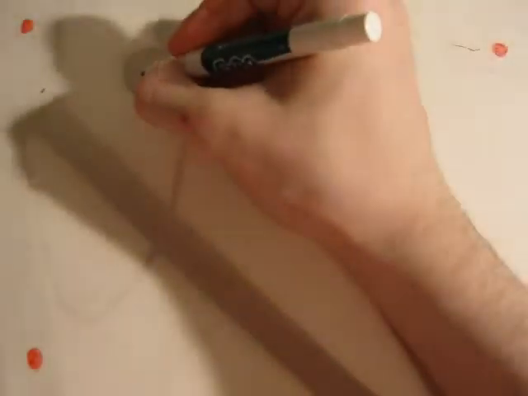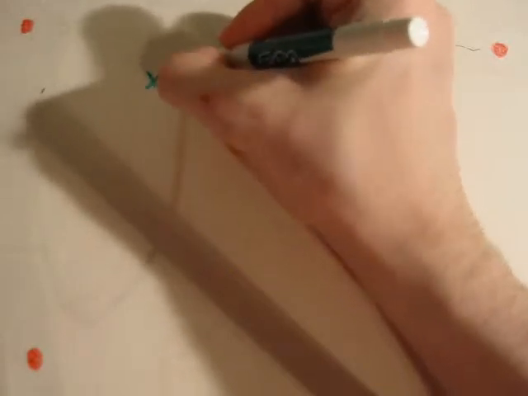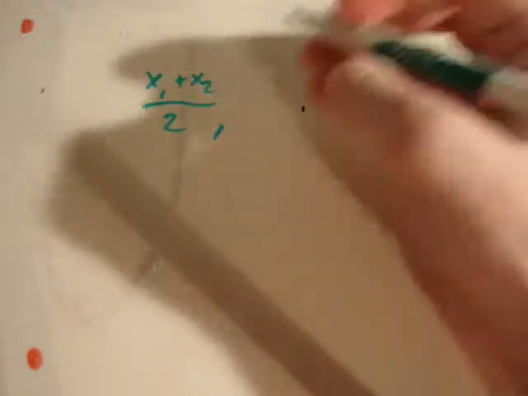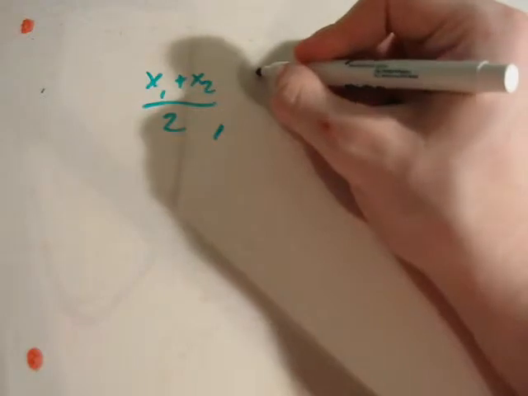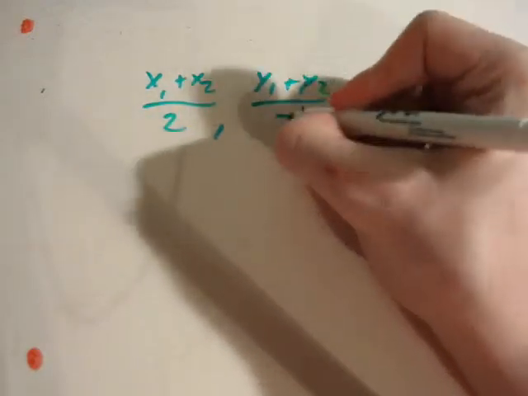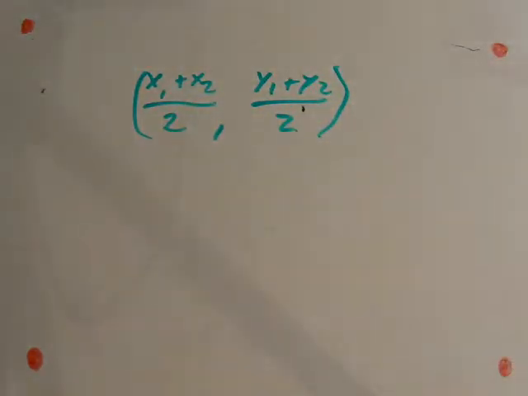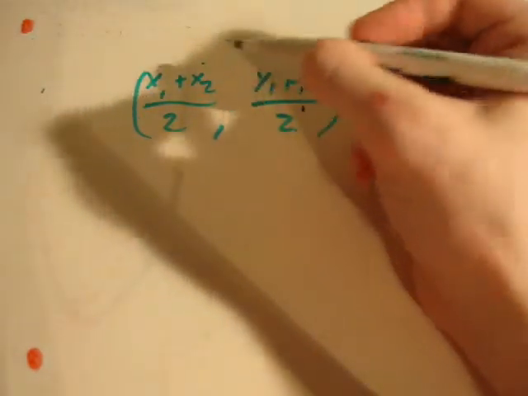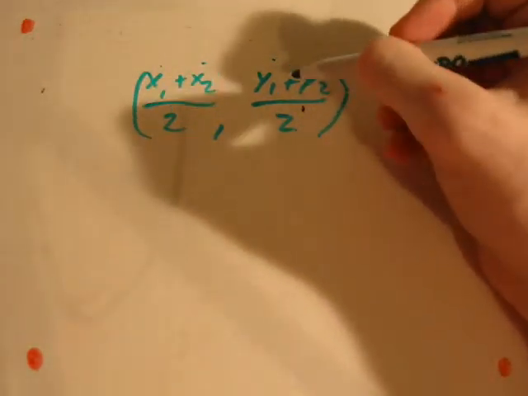Well, it's as simple as taking your first x-coordinate, adding it to your second x-coordinate, dividing it by 2, and that's your new x-coordinate. Then you've got your first y and your second y-coordinate added together, divided by 2. Basically, another way to say this is it's the average of the 2 x-coordinates and the 2 y-coordinates average.